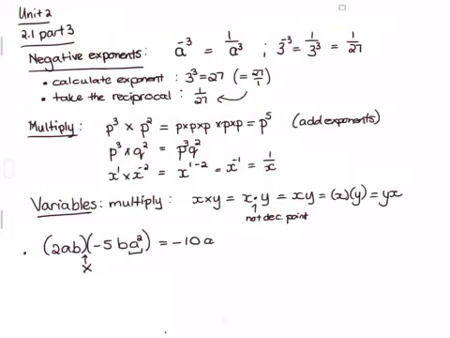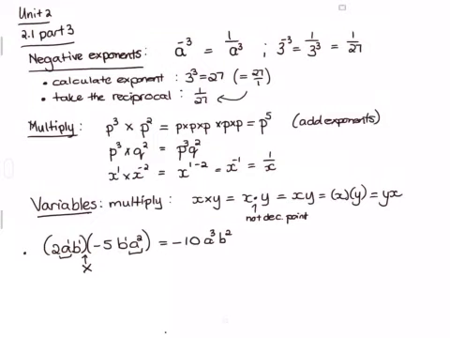So I've got a to the 2, and remember this one was an invisible 1, so it's a to the 3. And b to the something, both b's have a 1. Remember the second b is not to the 2. Both b's have a 1. If I add them, I get a 2.